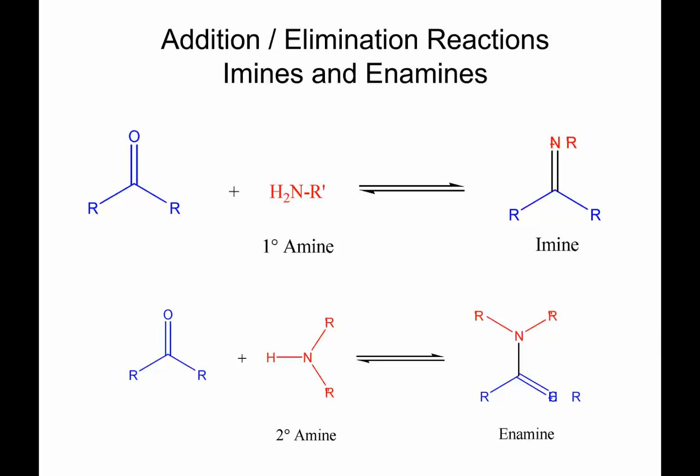We've looked at how sugars form those compounds, and how we can use them as protecting groups. Now let's add a nitrogen group to the carbonyl, and the mechanisms are going to be slightly different. So the first thing is nitrogen.